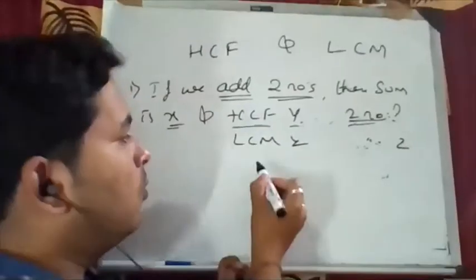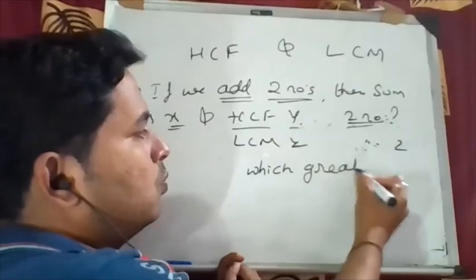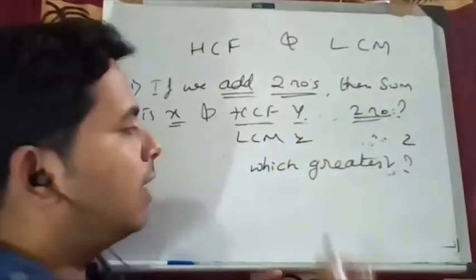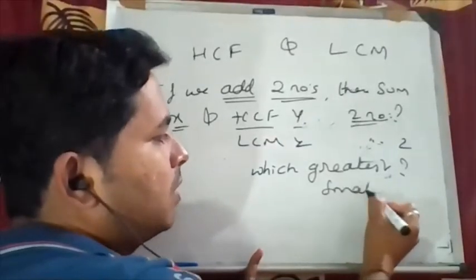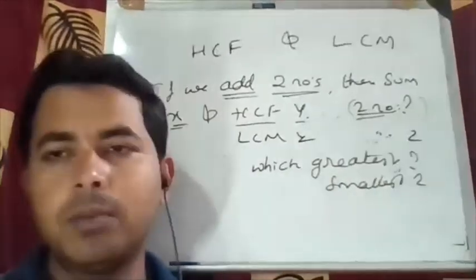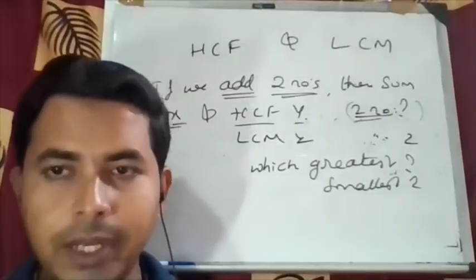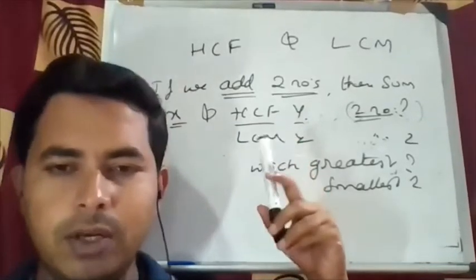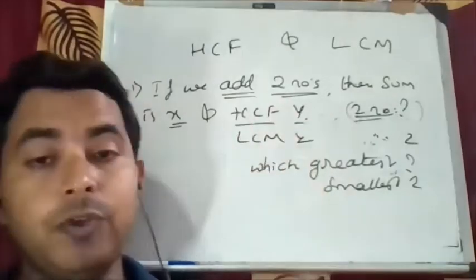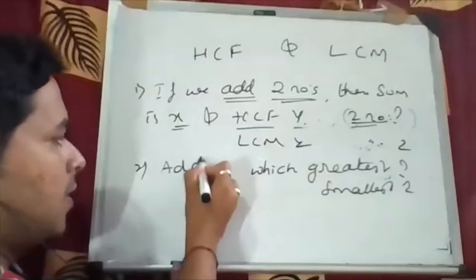They'll ask which is the greatest number among the two, the highest number, or sometimes the smallest number. Instead of asking both numbers, they'll ask only one, the greater or the smallest number. They'll give the HCF or the LCM as input values. The condition is if we add both the numbers.